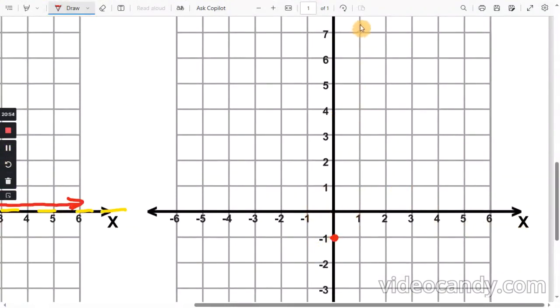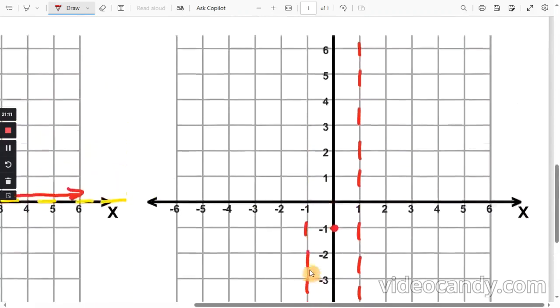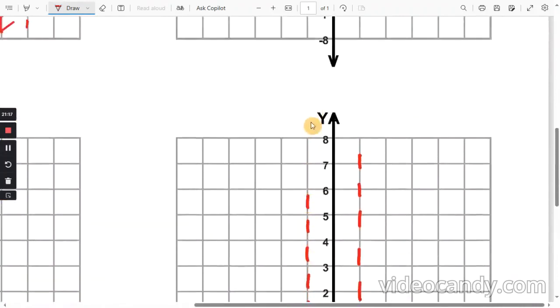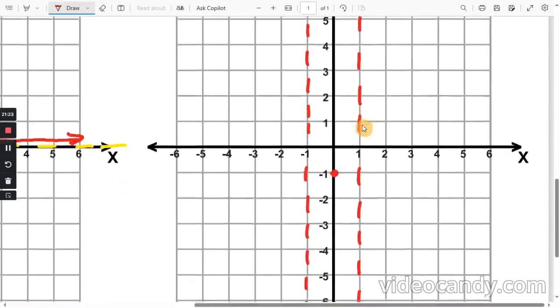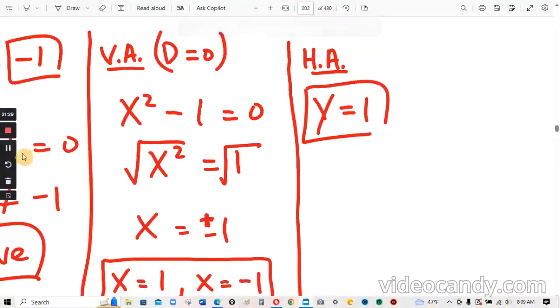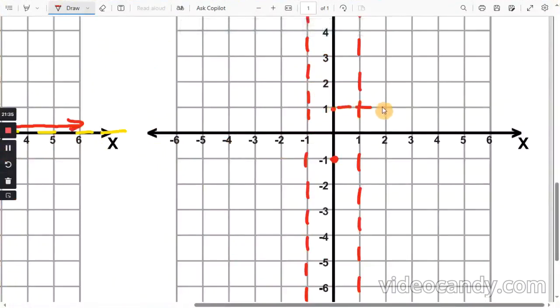So let's draw in that dashed line right there for x equals 1 and negative 1. And horizontal asymptote at y equals 1. Y-axis, y equals 1. So let's do the horizontal asymptote.